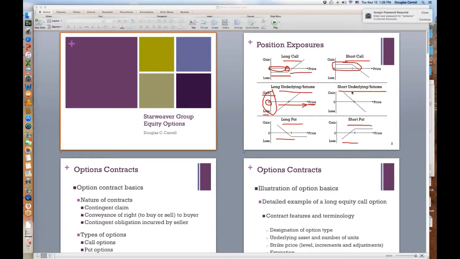But one thing that might be worth noting now, and this is sort of a general guideline I would give regarding trying to understand options. If we look at the long call and short call diagram, if those diagrams were rotated around the horizontal axis, you'll note they're mirror images of one another.